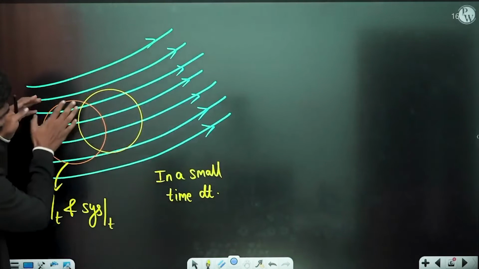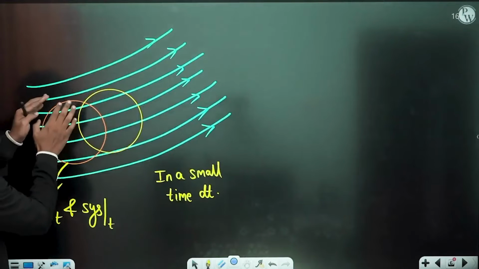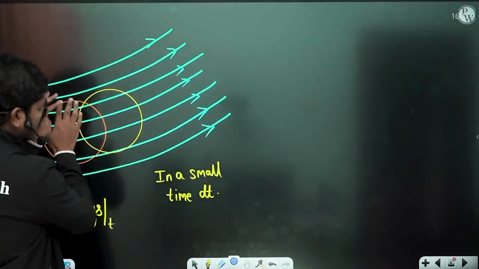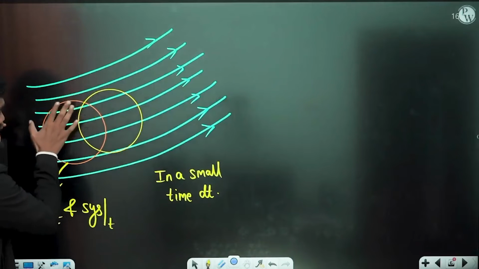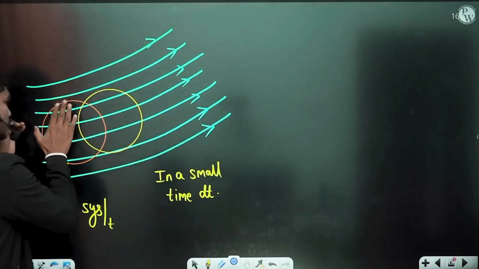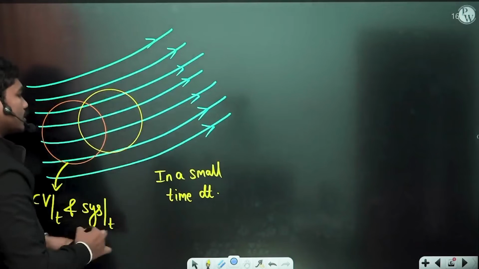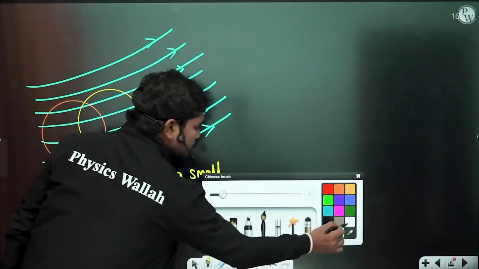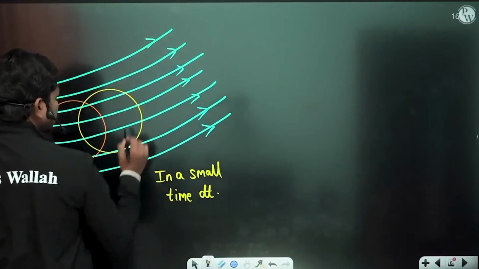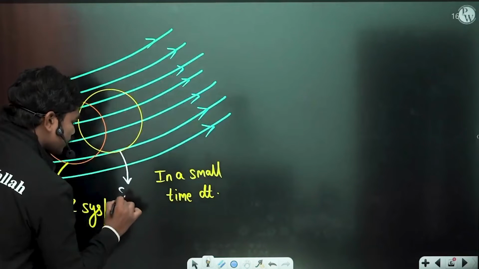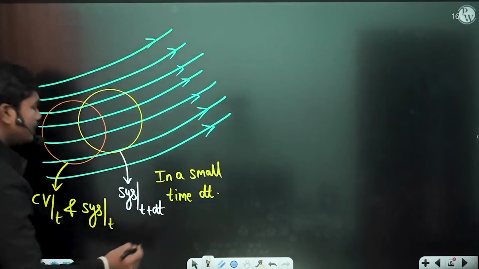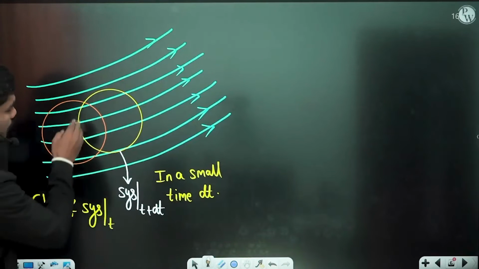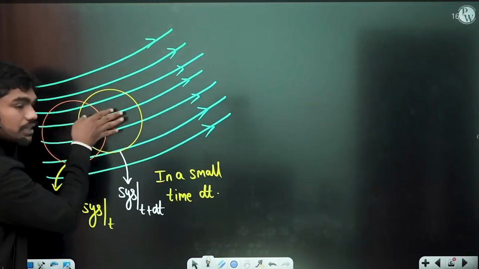Okay, so the quantity of matter which is within this volume has, within the small time dt, since there is flow, whatever is the mass in this orange volume initially, that mass might have moved along the flow to some extent. So now this is called your system at time t plus dt. Means basically if you take this volume, some part of the mass is actually leaving the control volume.